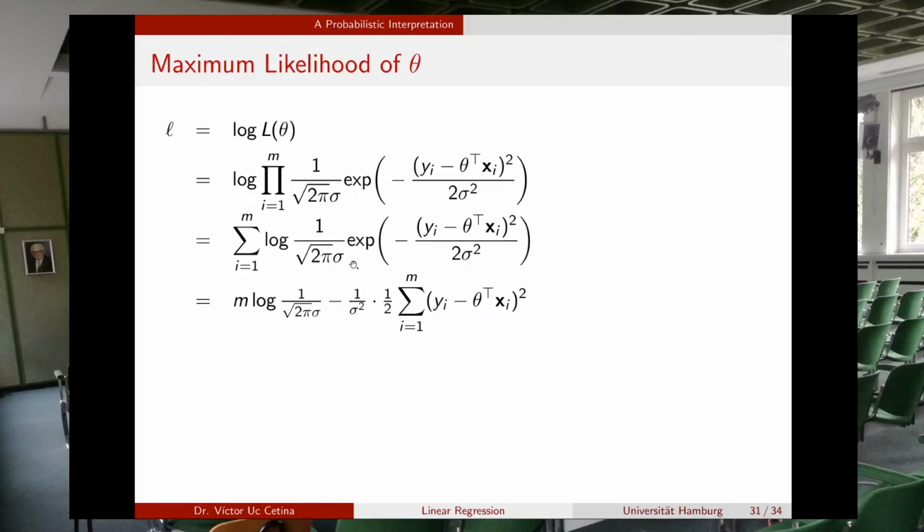Now, if we factorize things here, for example this denominator, if we move it out and we move inside this sum to apply directly to this subtraction, we get to this expression here.